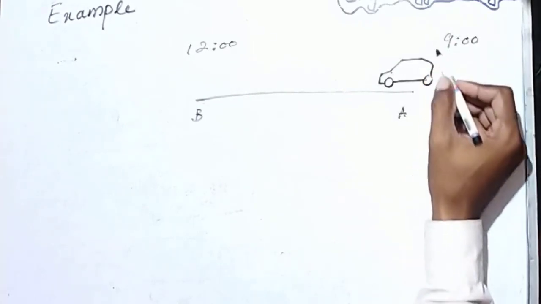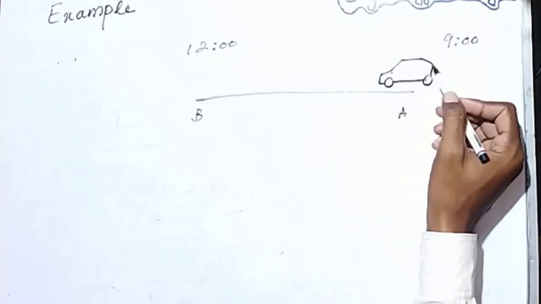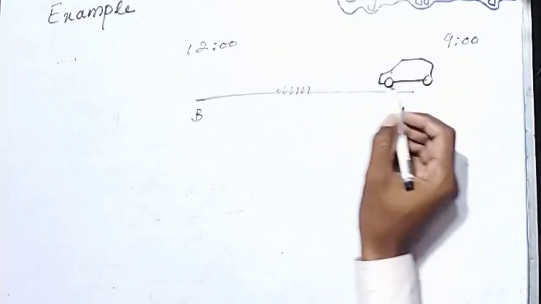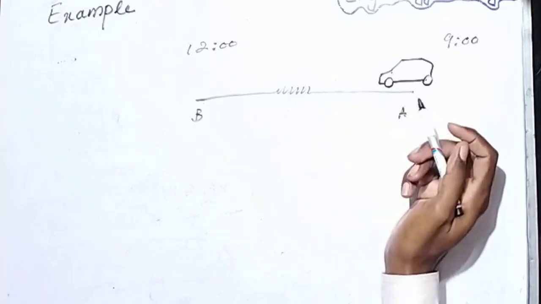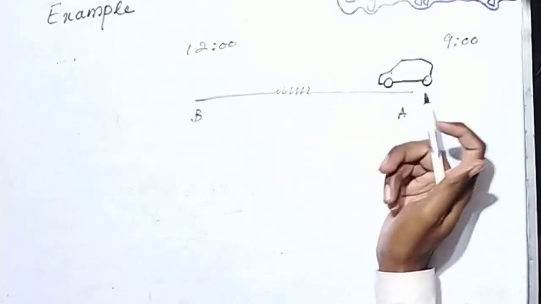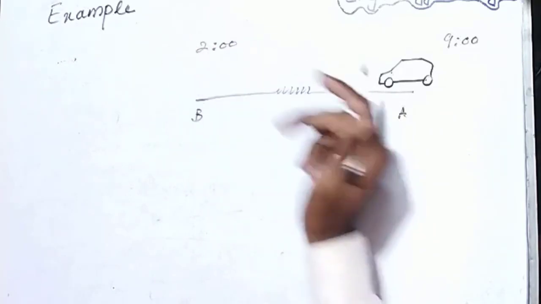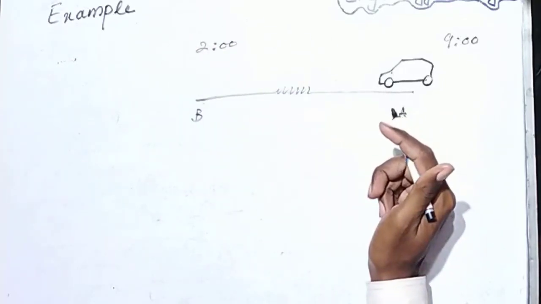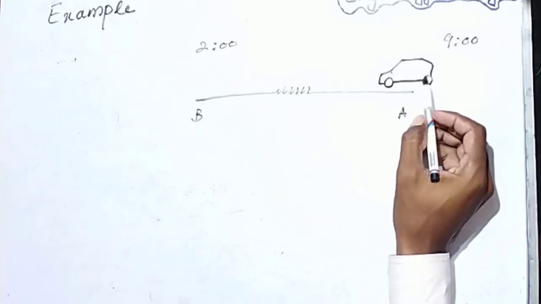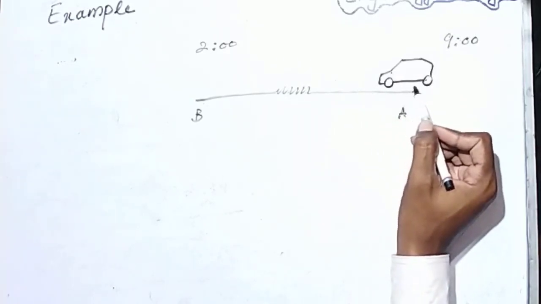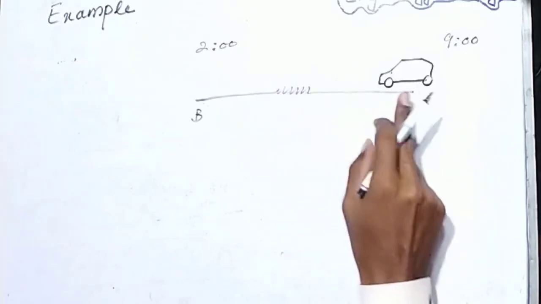Now the time has started and we started our journey, but due to some bad road conditions we reduced our speed, and when we reduced our speed we reached point B at 2 o'clock. It means that we can reduce the speed, and it was a dependent variable.